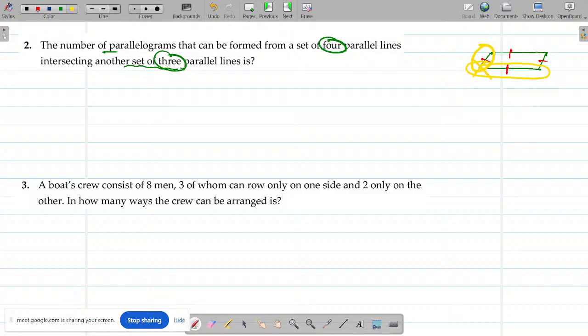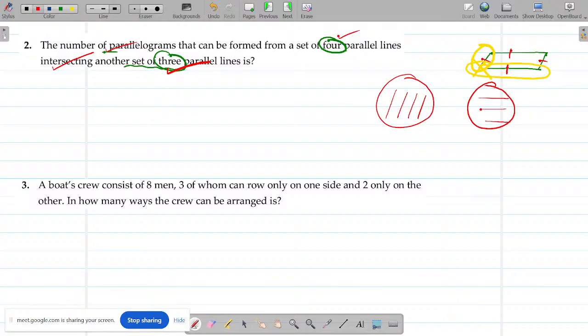Now read the question, join with me. The number of parallelograms that can be formed from a set of 4 parallel lines intersecting another set of 3 parallel lines. So I have a set which consists of 4 parallel lines. Obviously, when they intersect, you'll get a polygon, a bounded figure. So I have another set of 3 parallel lines. If you take this line and this line, it will intersect.